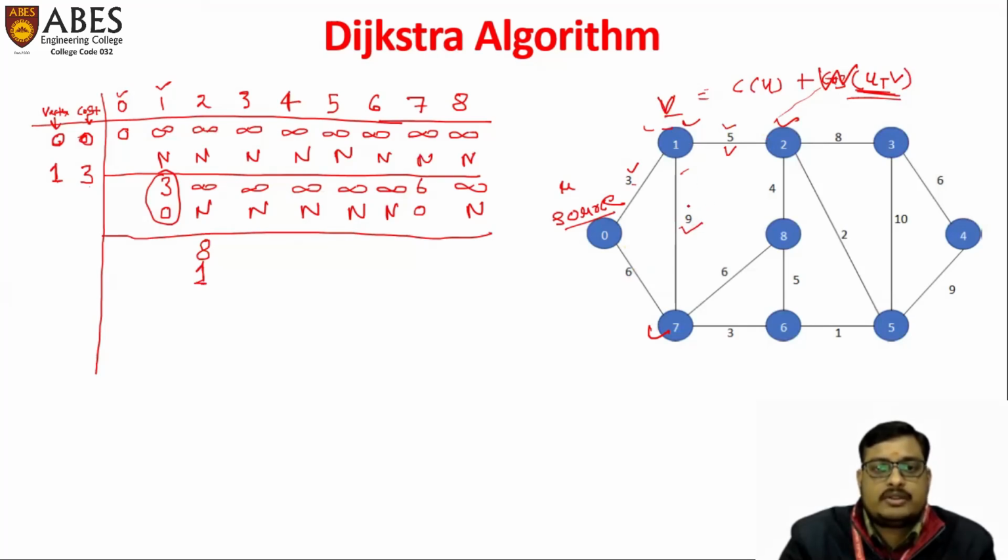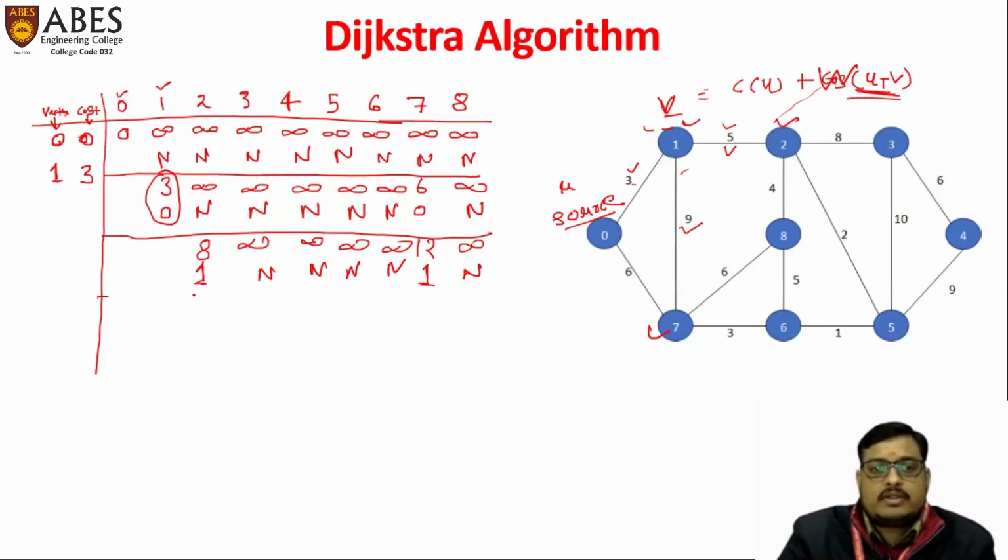So we'll add 3 plus 9, that is 12. So we'll update 7 as 12 and source as 1. Now we can see we have updated all the adjacent vertices of 1. Now we'll copy the other vertices as they are: infinity, infinity, infinity, infinity, and nil as the source. Here also we'll write infinity and nil.